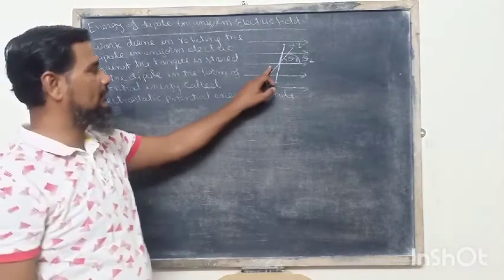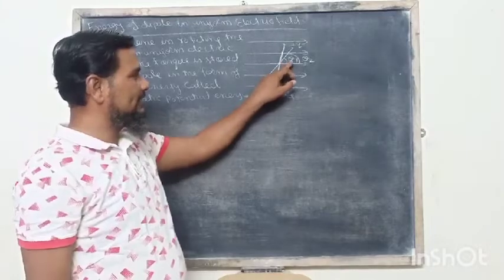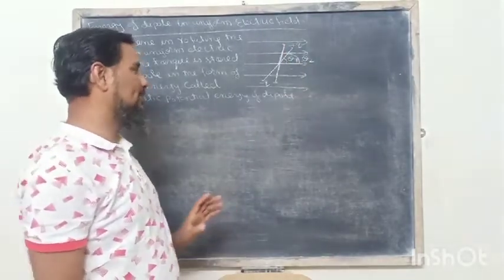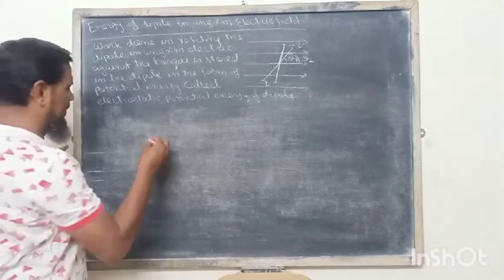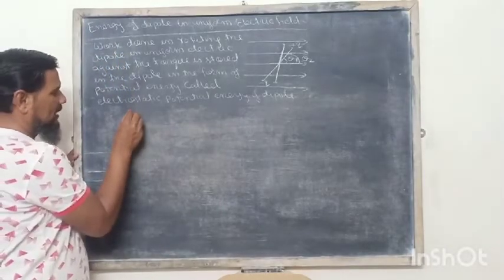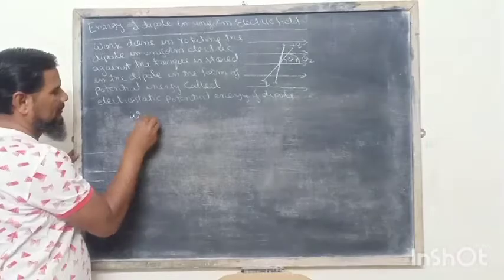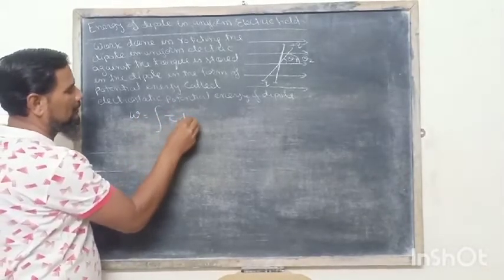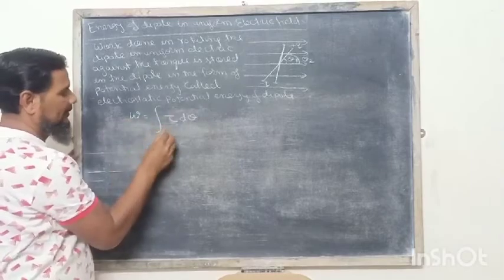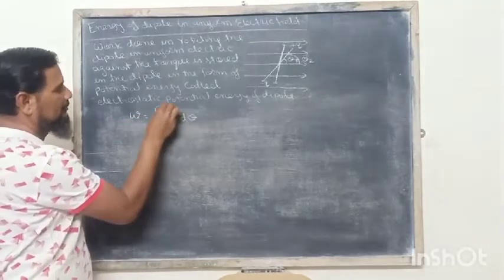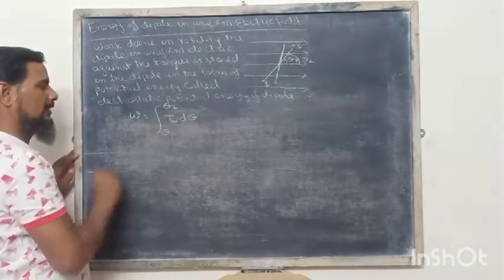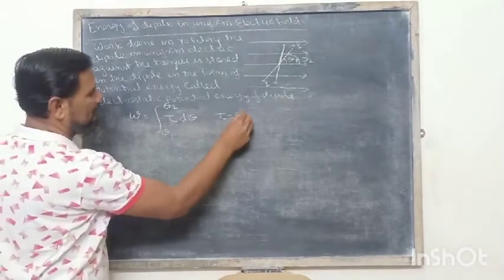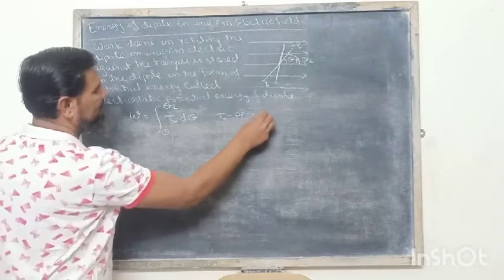When a dipole is rotated, a work is done against the torque, and this work done is stored in the dipole in the form of potential energy. So in order to calculate the work done, W is equal to integral tau d theta, theta 1 to theta 2. And we know that in earlier derivation, tau is equal to Pe sin theta.